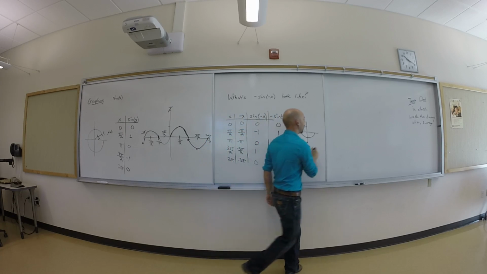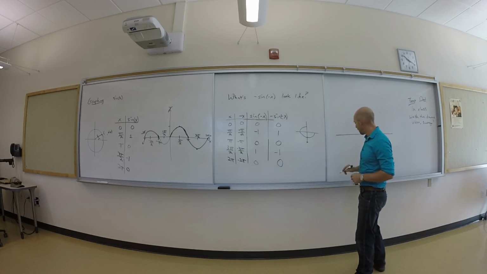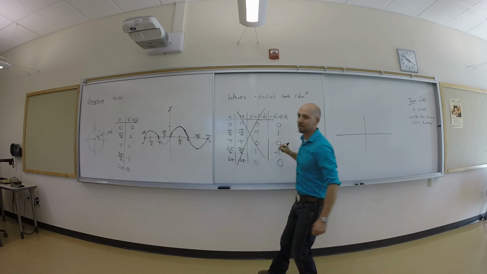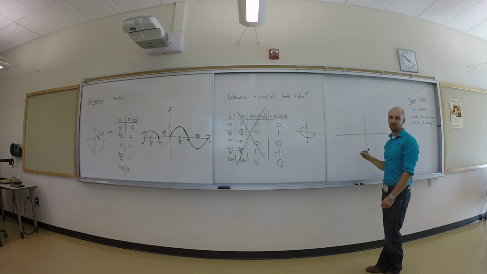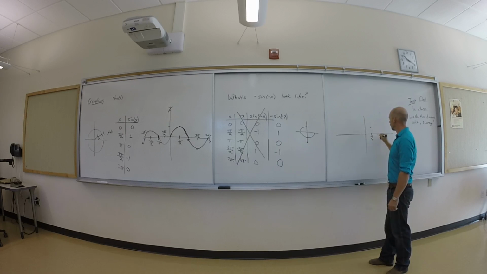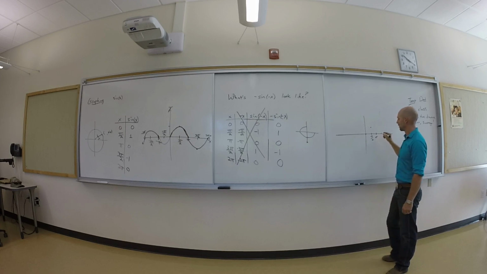And now if I draw this, let's see. I want to forget the middle 2 rows, right? So if I input 0, what do I get out? 0. If I input pi over 2, what do I get out? 1. If I input pi, what do I get out? 0.